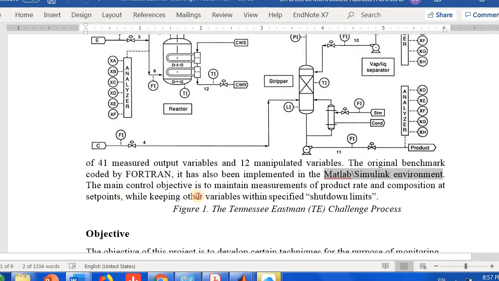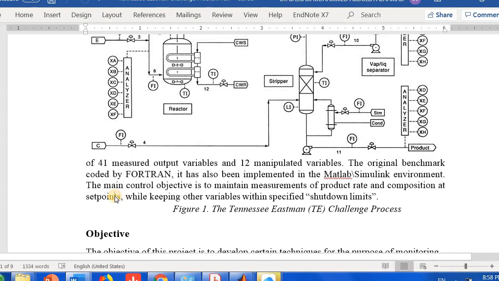So what are the main control objectives? To maintain the measurement of the product rate and the composition at set points. The main objective is to have this process plant operate, with all the measurements kept in place, and a constant product rate and composition at the set points.